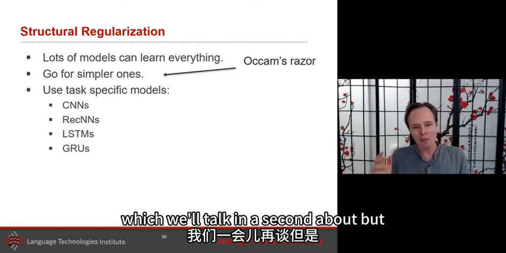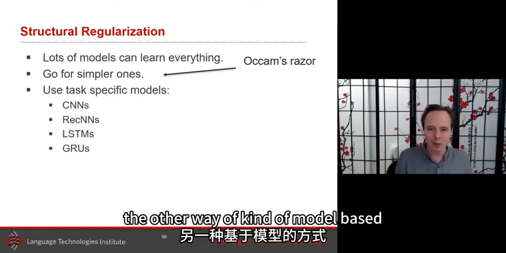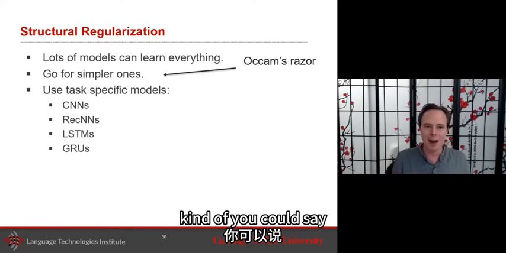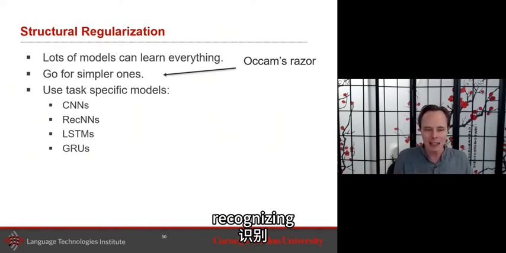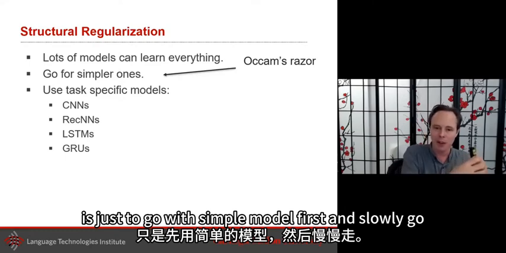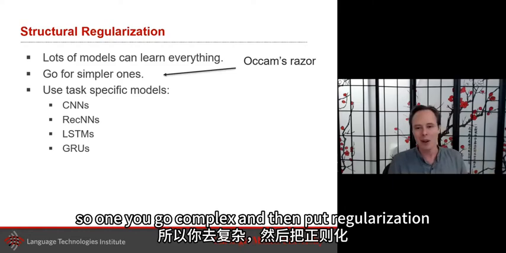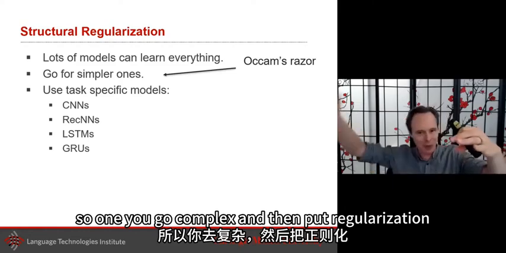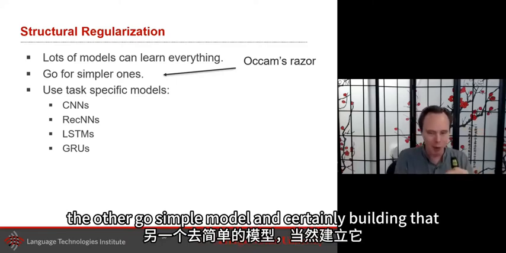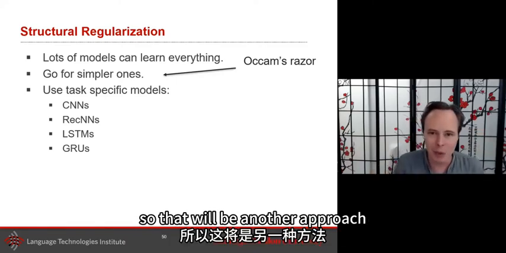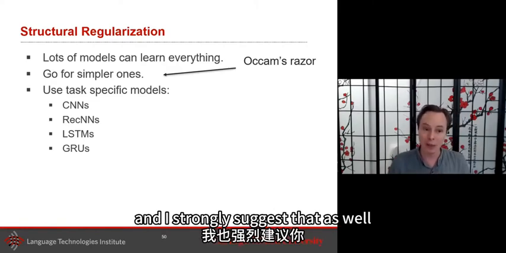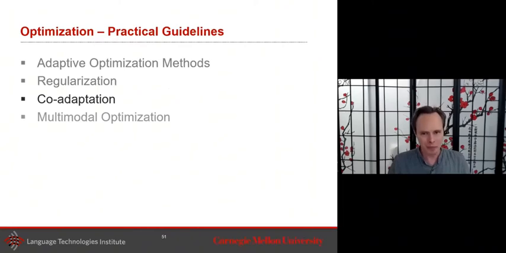But the other, model-based way of regularizing is to go with a simple model first and slowly go more and more complex. So in one approach you go complex and then put regularization; in the other, you go with a simple model and slowly build on that. That is another approach, and I strongly suggest that as well.